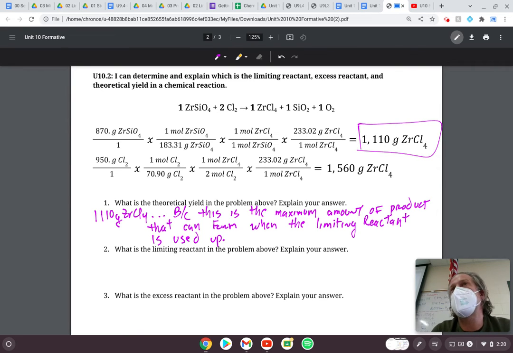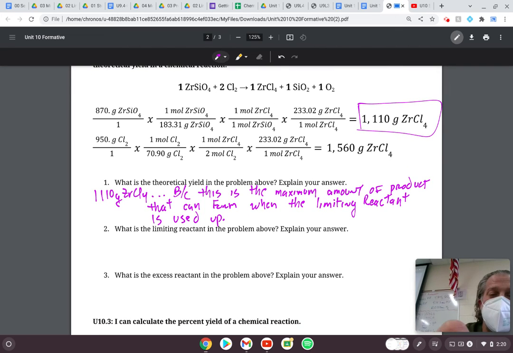Just like yesterday we talked about the ham. The ham was the limiting reactant in my sandwiches. Once all of the ham was gone, I couldn't make any more sandwiches. So that leads me to what's my limiting reactant? Well, my limiting reactant is going to be this one right here. It's going to be the 870 with a decimal point grams of ZrSiO4.